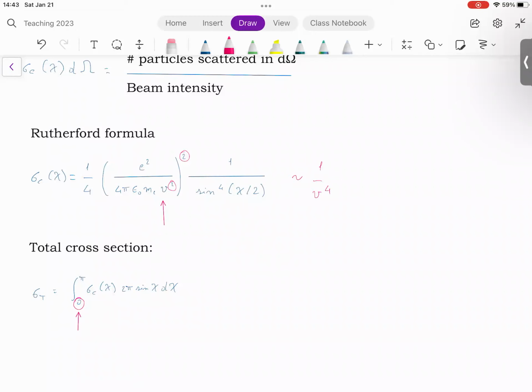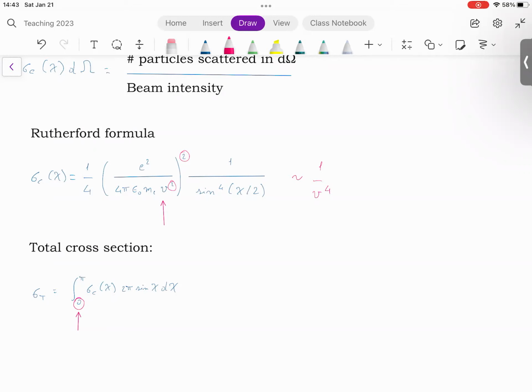So I cannot have collisions starting from this angle 0, but I have to figure out what that angle is based on the Debye length. And we're not going to do the calculation, but that's detailed a little more in our textbook.